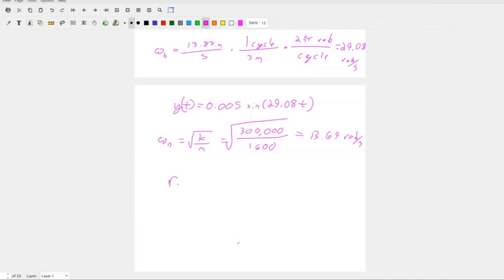Again, we're trying to get what the displacement is going to be. R is equal to omega b over omega n. And now that we have omega n, that is 13.69 over 29.08.